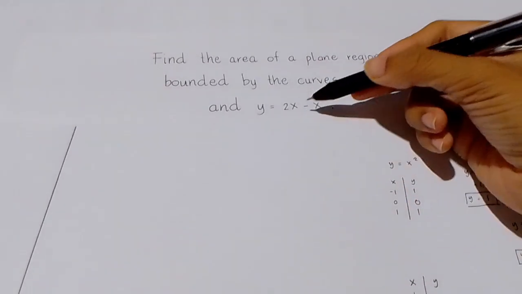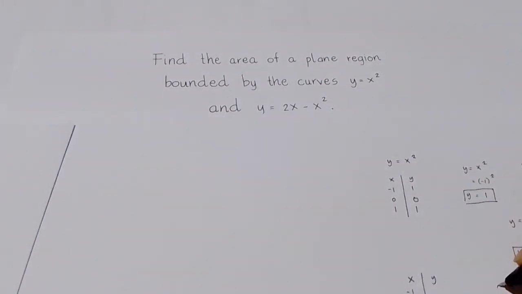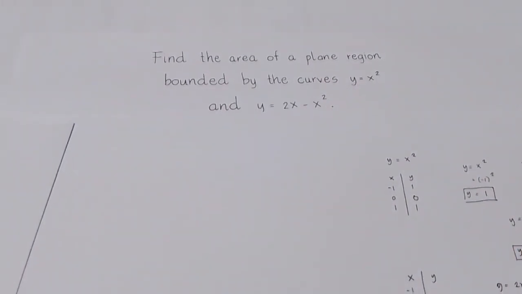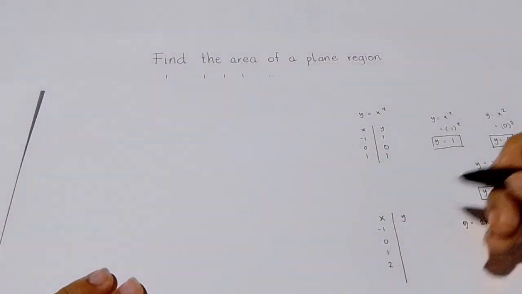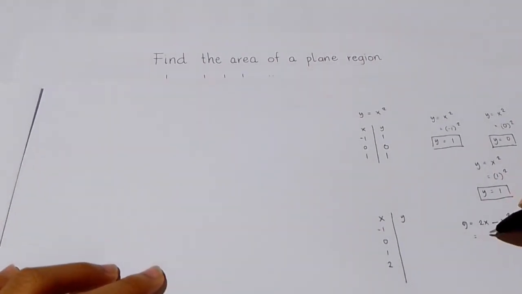So we have here 2x minus x squared. So y is equal to 2x minus x squared. When our x is -1, 2 times -1 is -2, minus -1 squared is +1.